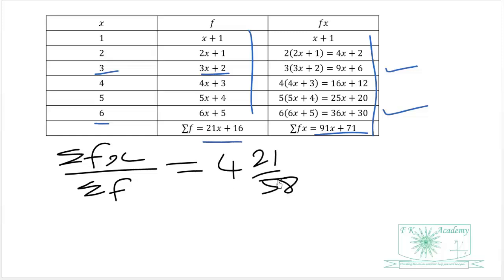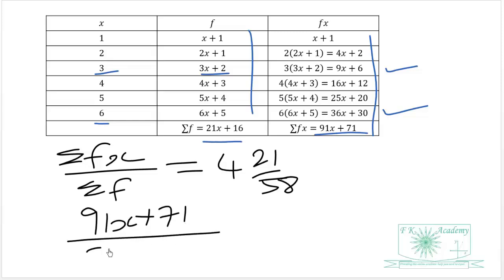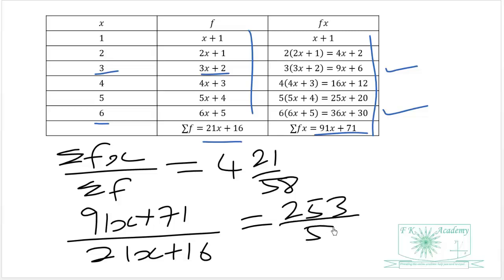So what do we do next? Let us put the summation fx, which is 91x plus 71, over 21x plus 16, equal to, now let's convert this to a mixed number, and that will give us 253 over 58, since 58 times 4 plus 21 gives us 253 over 58.